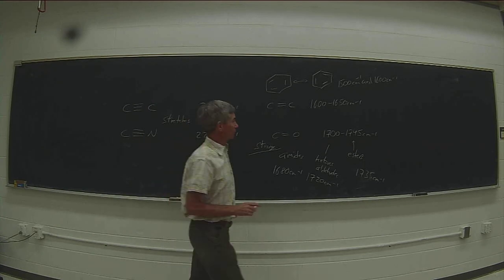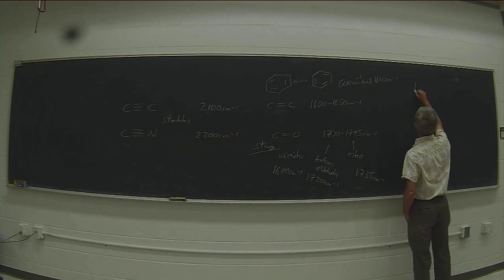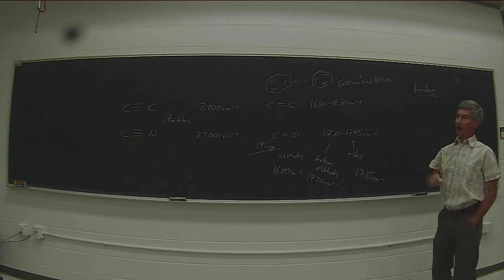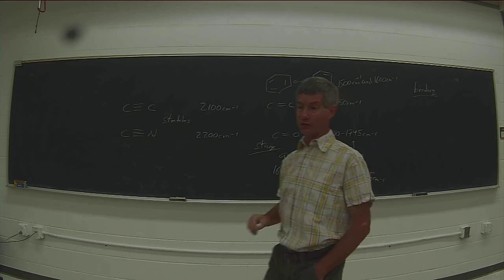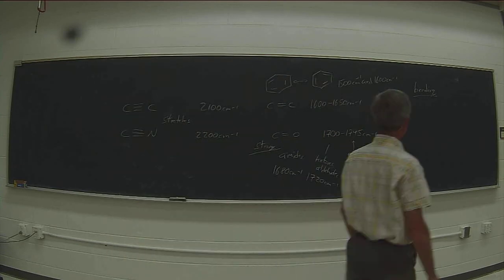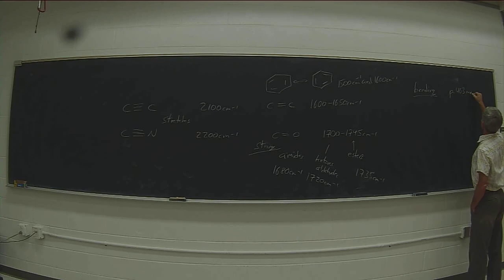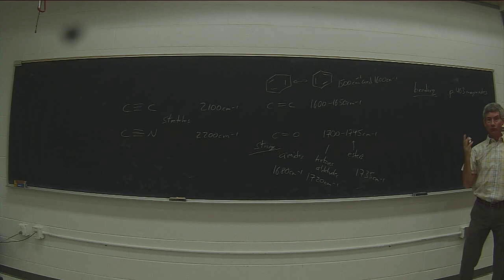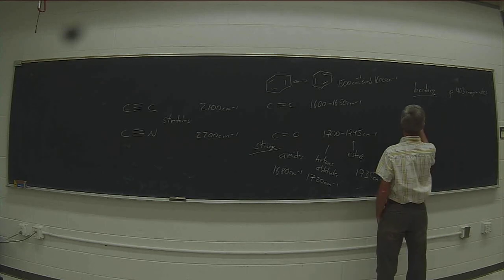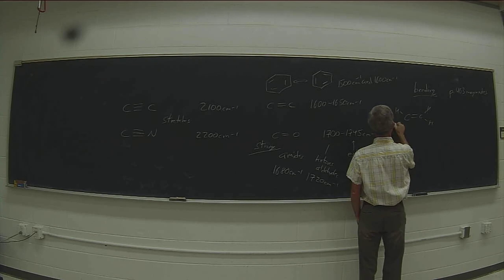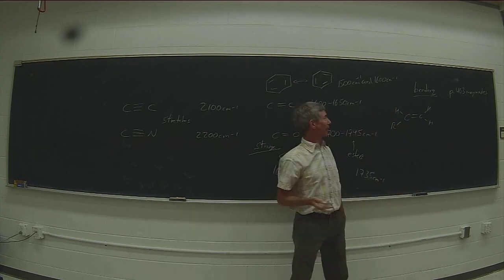In the fingerprint region, though, and hiding on the bottom of page 463 in the margin notes, are some very useful bending modes that will allow you to tell what the substitution pattern is around an alkene.